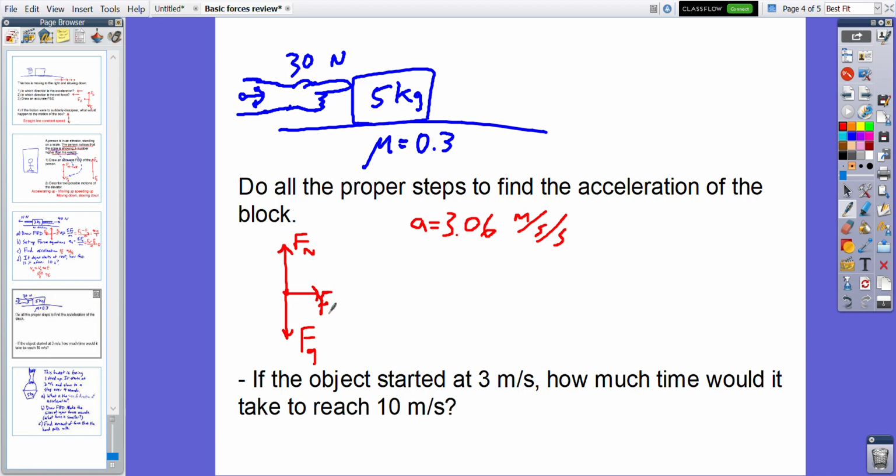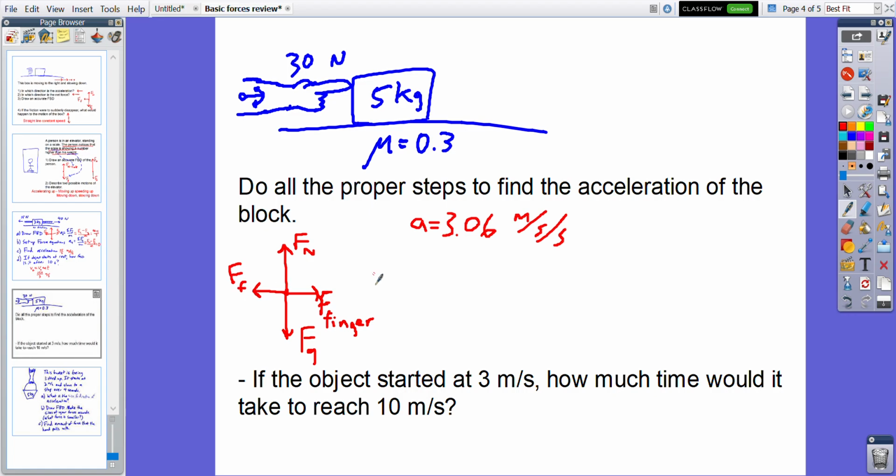Once again, I usually like to name it with the name of the object that's touching it. So that looks like some guy's really fat finger there, so I'm going to call that finger. And maybe you forgot what this mu means, but this mu means there is friction. So there's definitely friction.